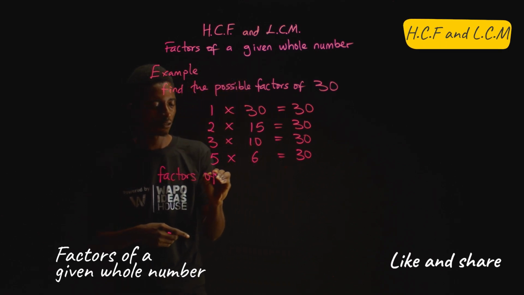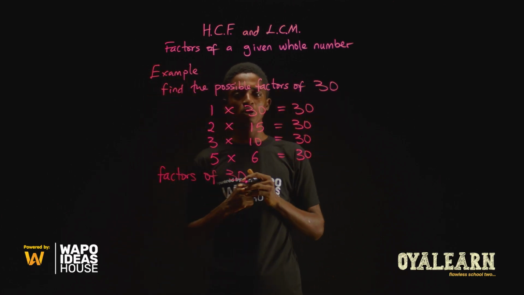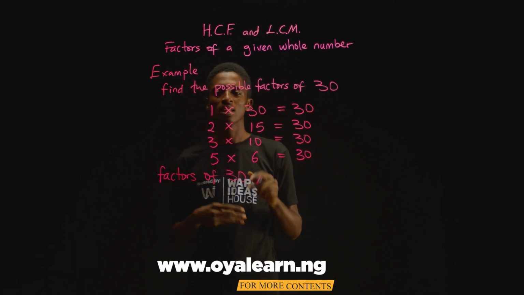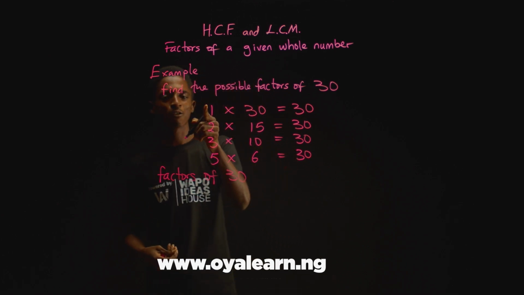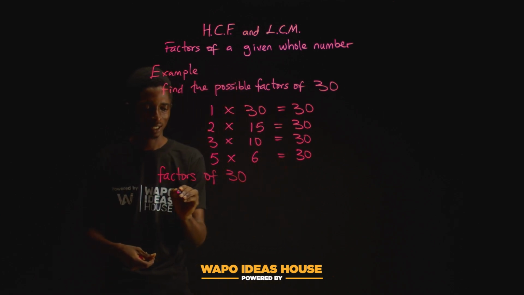Factors of 30. When you have your multiples written like this, each of these numbers here give us factors of 30. And a good way to write them is to start from the left down and then to the right up. So let's write them out.